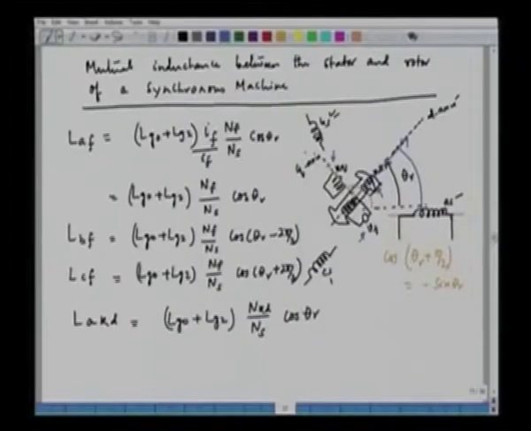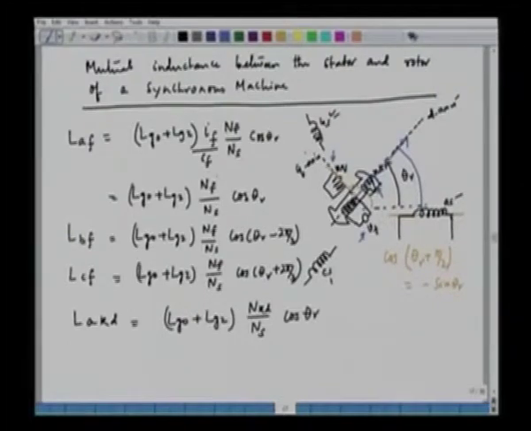Now if we take the inductance of the field winding with phase A, that is LAF, that is given as (Lg0 plus Lg2) into IF into NF by NS into cos of theta r, divided by IF, because inductance by definition is flux linkage per ampere. So the flux linkage is (Lg0 plus Lg2) IF NF by NS into cos theta r, divided by IF.